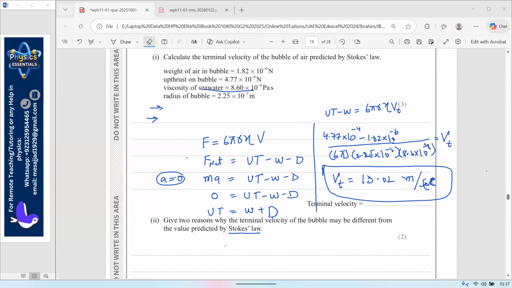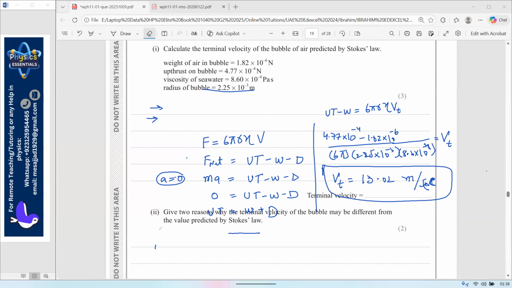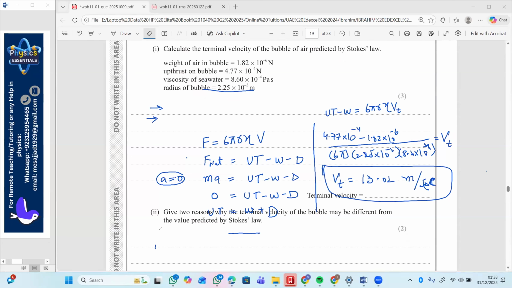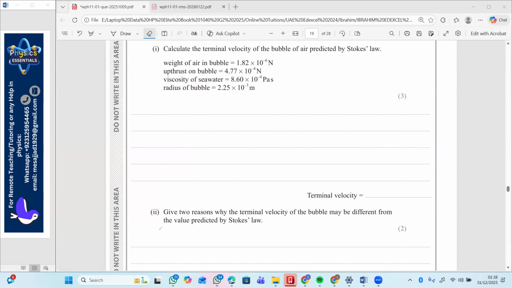So the flow may not remain laminar, right? Because the water can get rough. So let me type it here, because my pen is not working well enough.